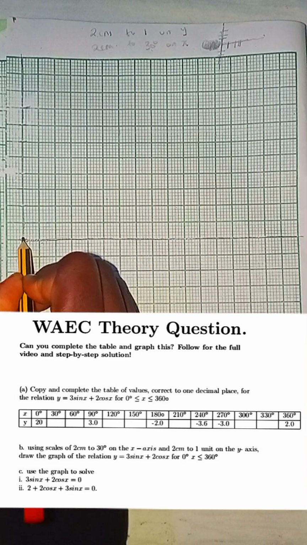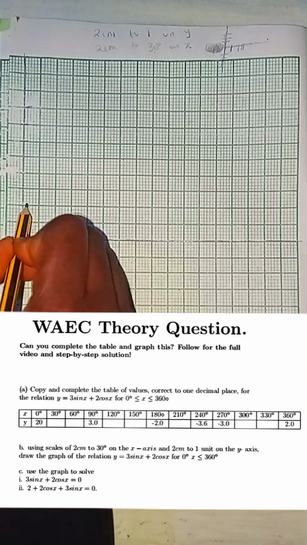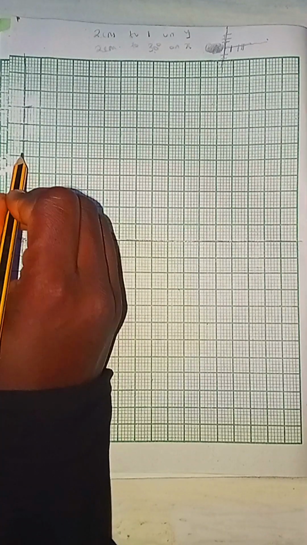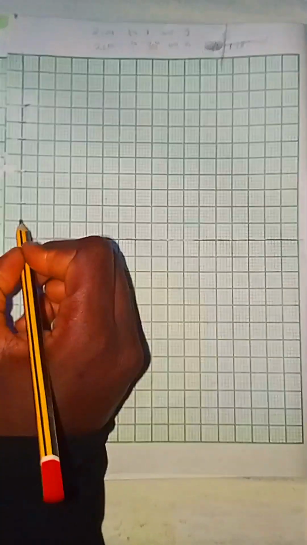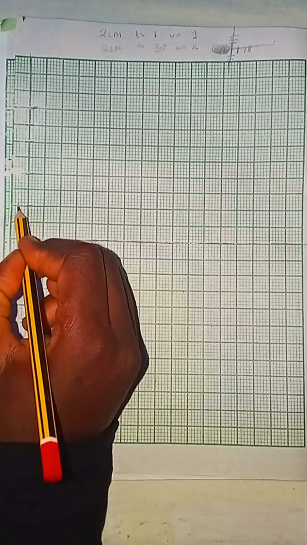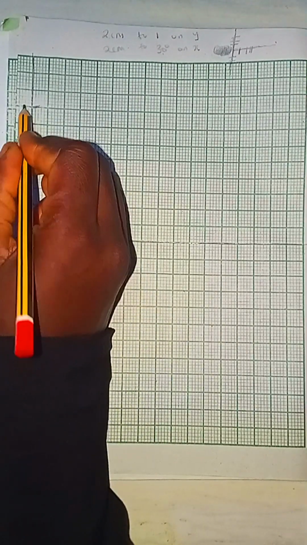Here is the origin. Jump 1 centimeter to 1 unit. Here is 1, jump 2, 3, 4.